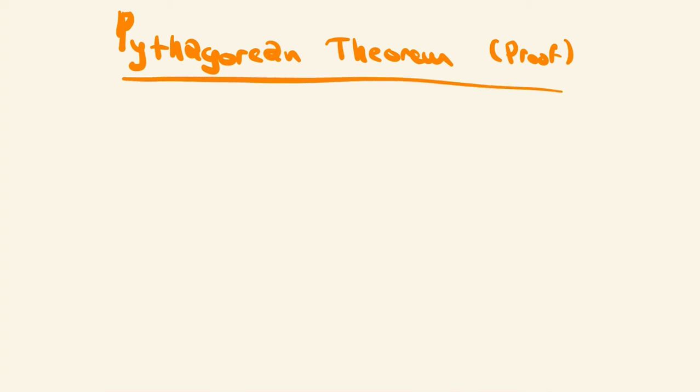So, just as an introduction, all the Pythagorean Theorem says is that if you give me a right triangle, usually you put that box there, that tells you that that is a 90-degree angle.